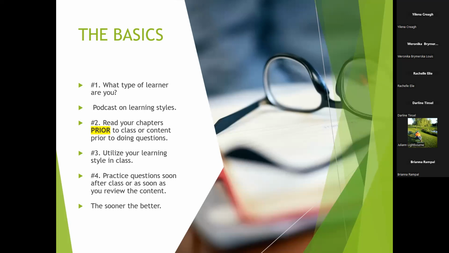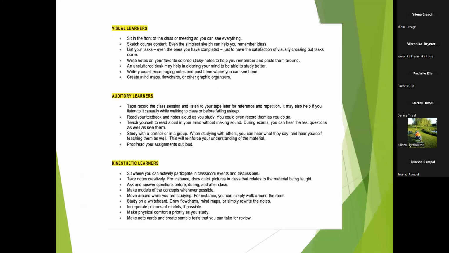You might be all three, but you need to get very comfortable with your learning styles. Okay. So again, make sure you know if you're a visual learner, right? So again, sitting in front, sketching, writing out your notes in different colors; auditory, listening to things over and over; and kinesthetic, drawing things, models, physical comfort is important for you, okay? So again, just make sure you're comfortable with your learning style.